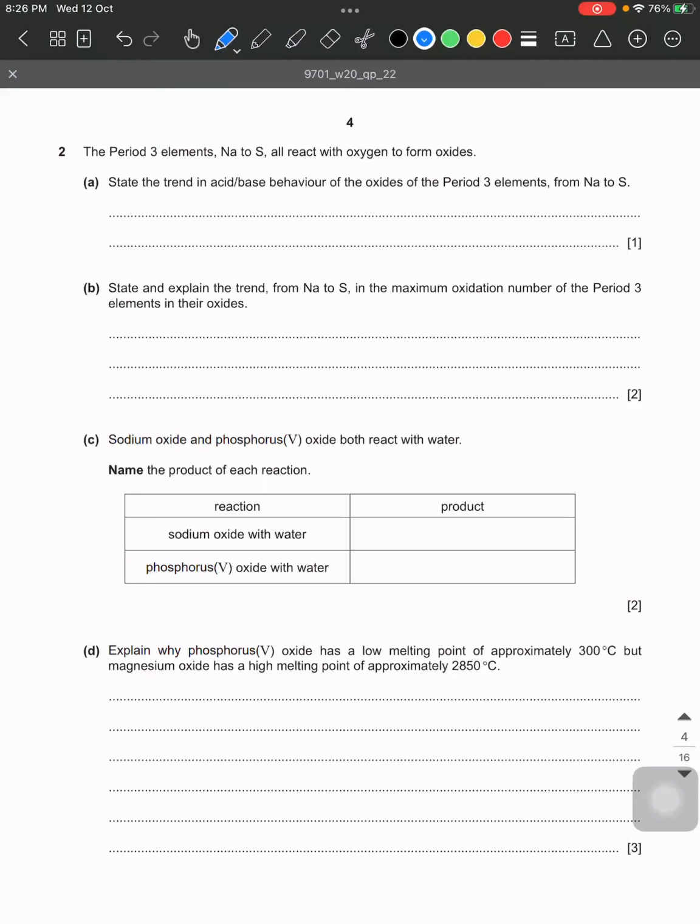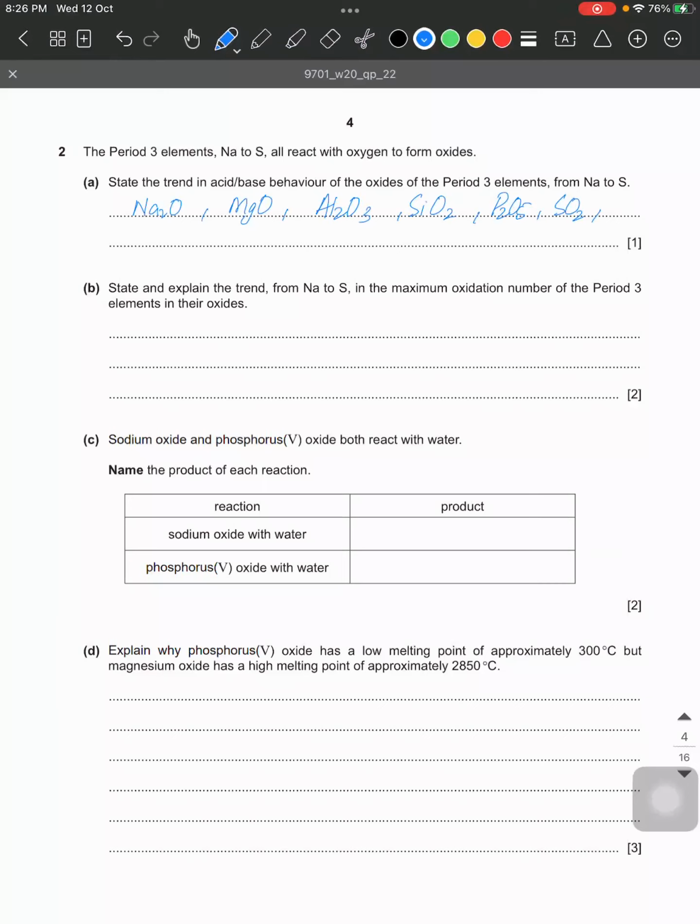If you talk about sodium to sulfur, we have sodium oxide, magnesium oxide, aluminum oxide, then we have silicon dioxide, and we have phosphorus oxide, then we have sulfur dioxide and sulfur trioxide, and in the last we have chlorine oxide.